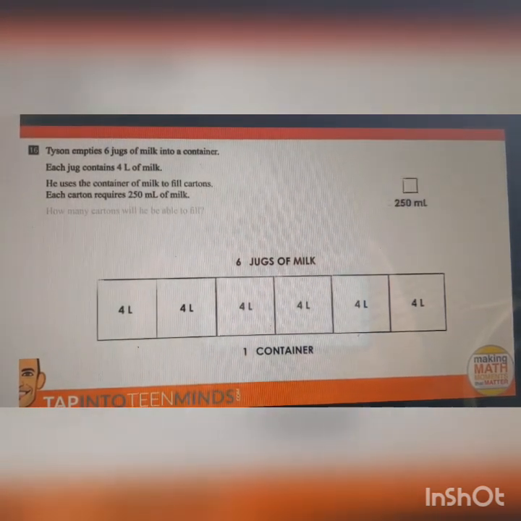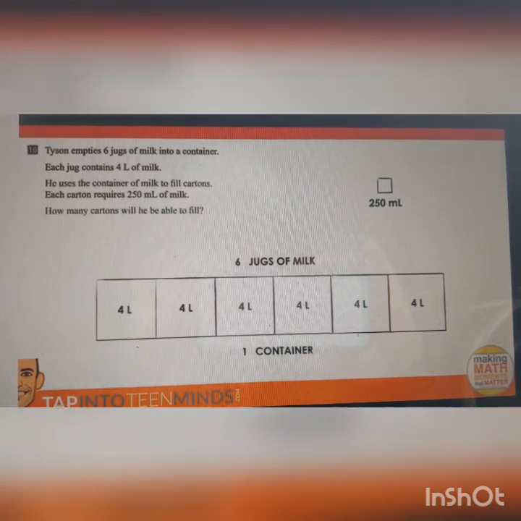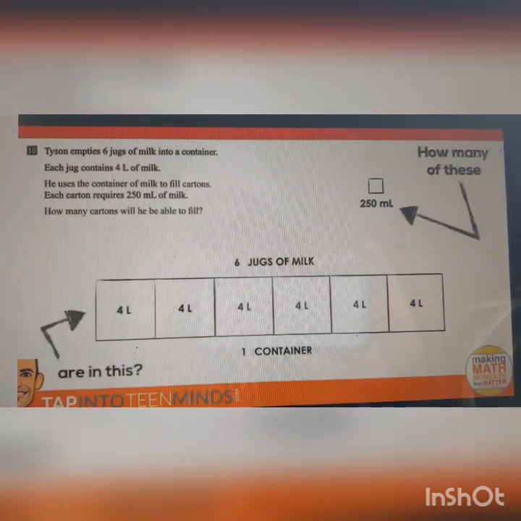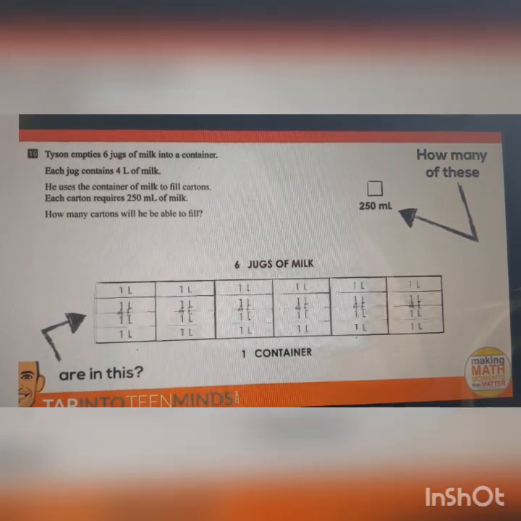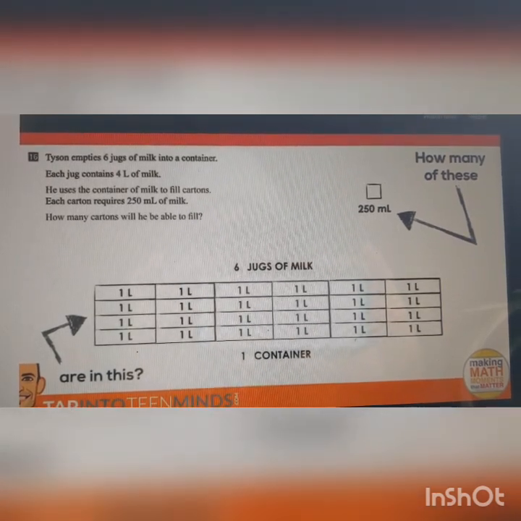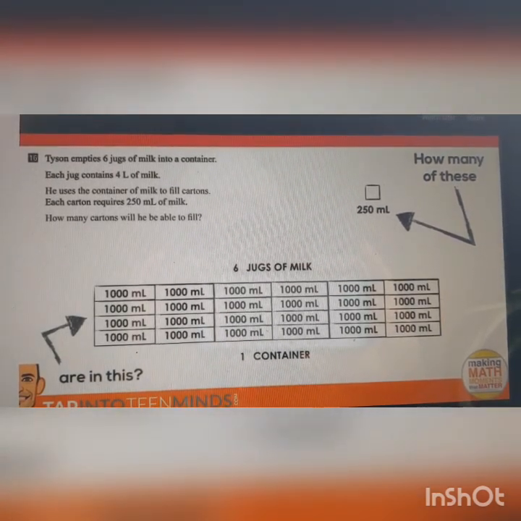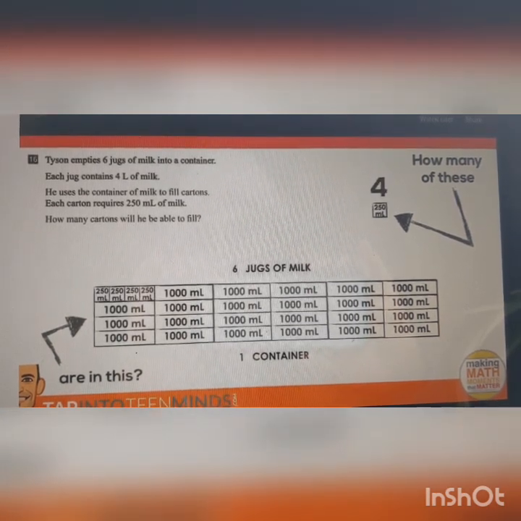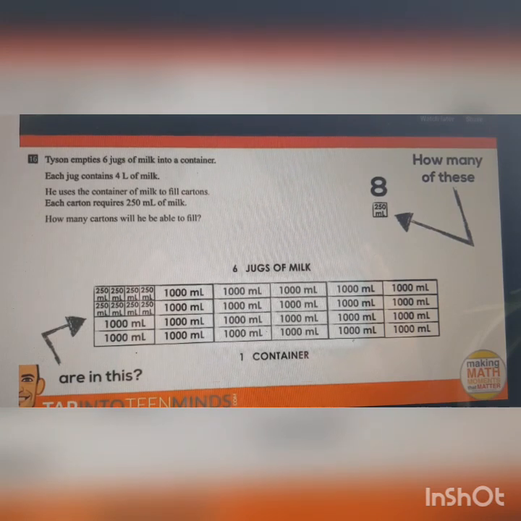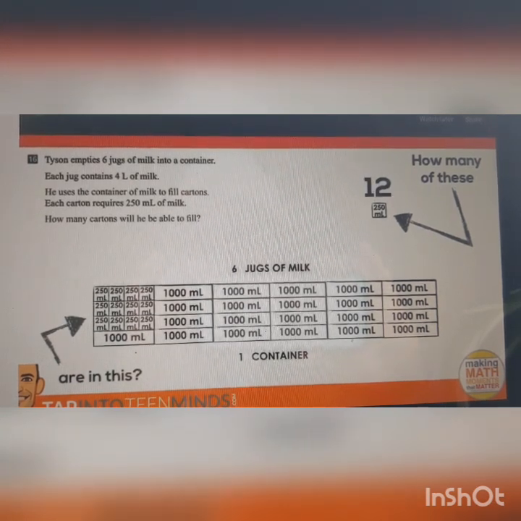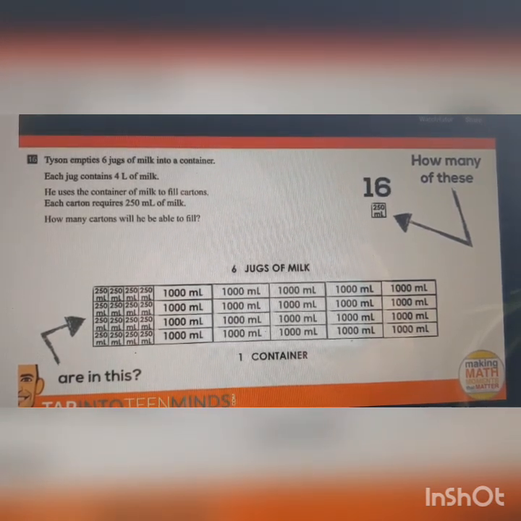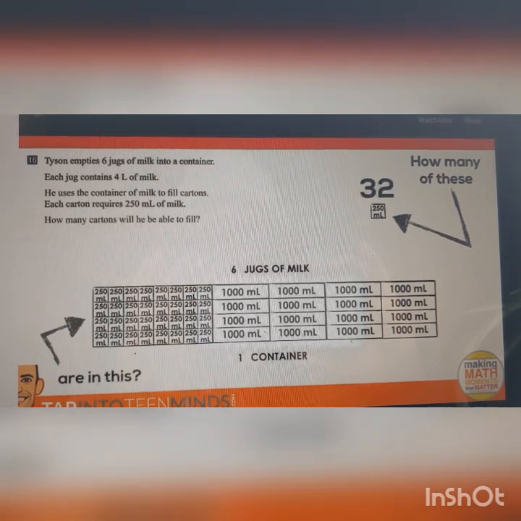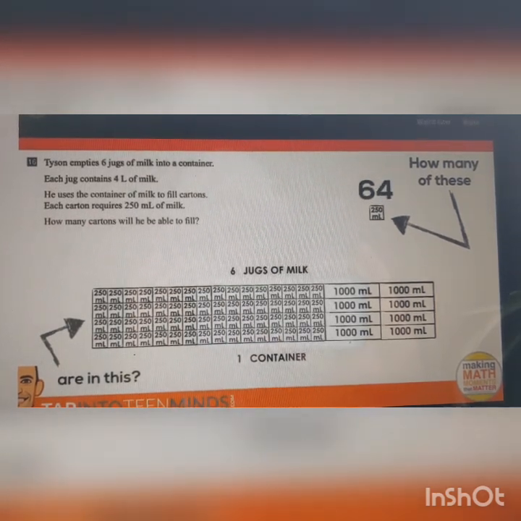And then we know that we're filling cartons, and each carton is 250 milliliters. So there's 4 of those per 1,000. Then we're filling in each of the different sections so we can see it slowly filling up.